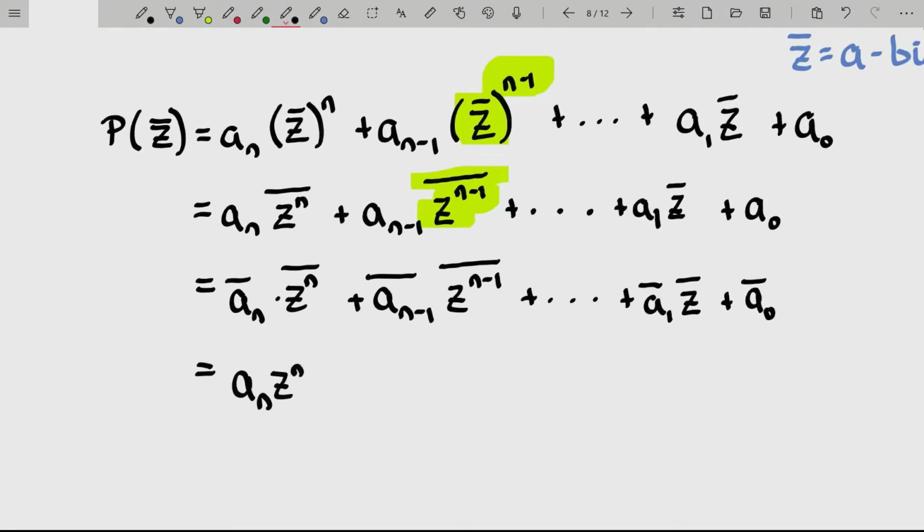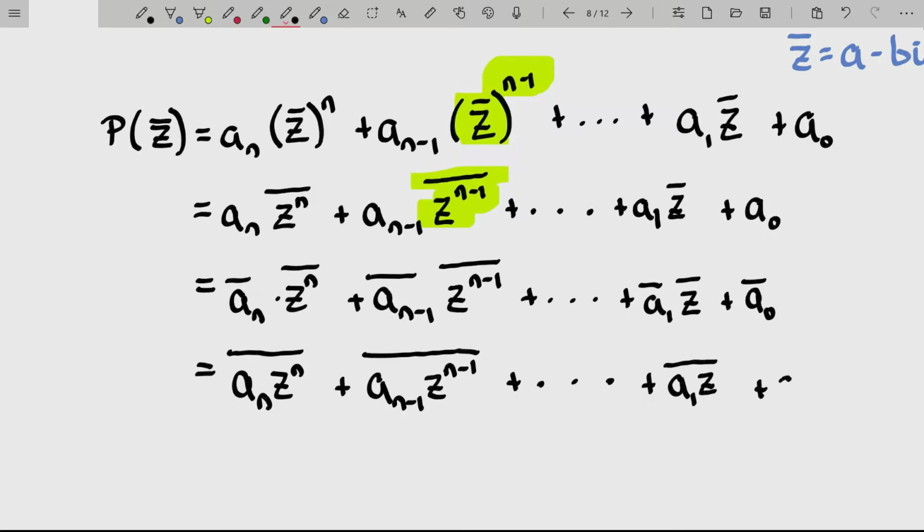I'll zoom out a little bit more. a sub n z to the nth under the same conjugate bar, plus a sub n minus 1 z to the n minus first, again under the same conjugate bar, plus so on and so forth down the line, all the way until you get to a1 z, all under the same conjugate bar, plus a naught. It has its own conjugate bar.